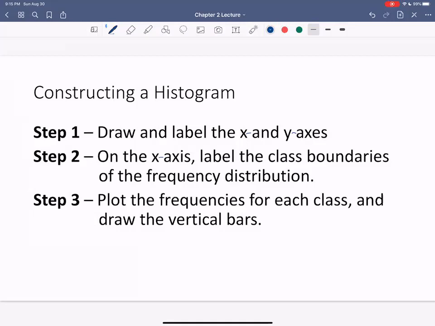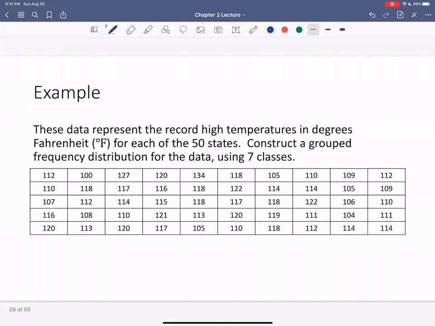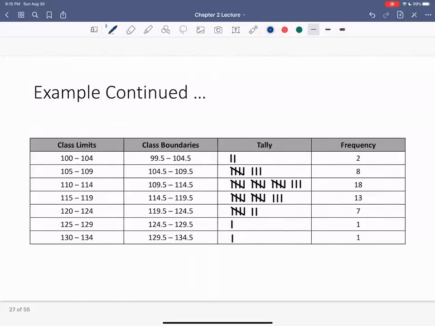And so we are going to use the exact same problem. We're not going to recreate it all. Same problem, didn't change anything. We've already created this group frequency distribution table, right? But what are we really graphing here? In a histogram, we have 2 pieces of things that we need to put on there.